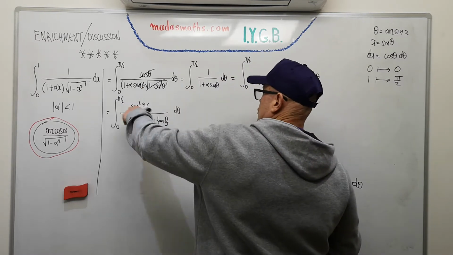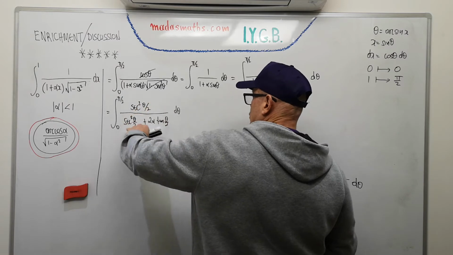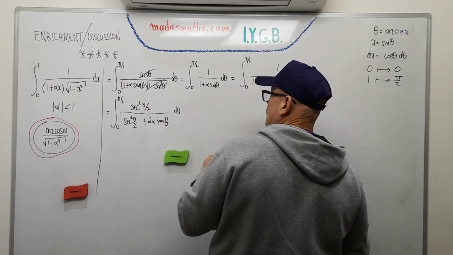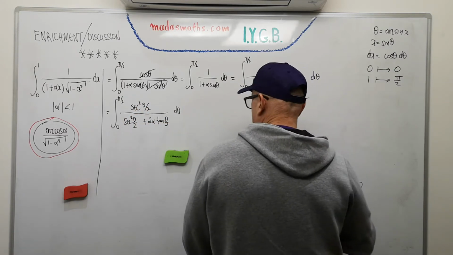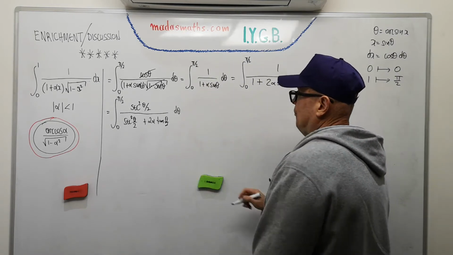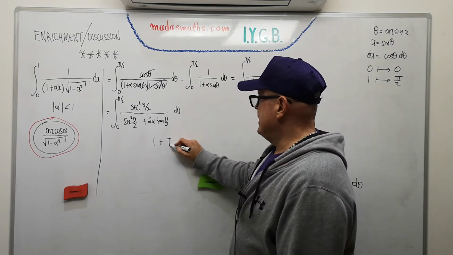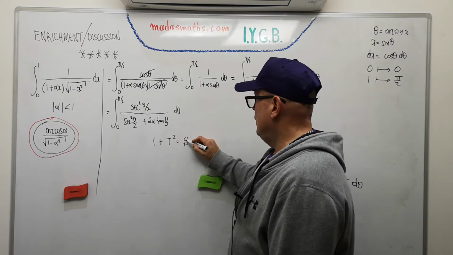Not quite there. I've got my sec squared on the top, but at the bottom I don't have a function of tan of theta over 2. I've got the sec squared. That's not a problem. Of course, 1 plus tan squared is equal to sec squared.